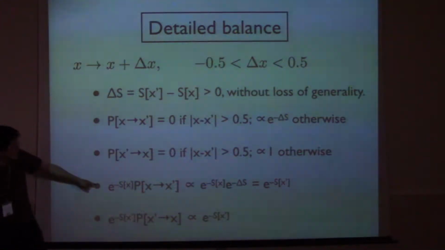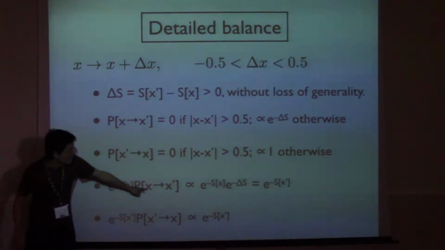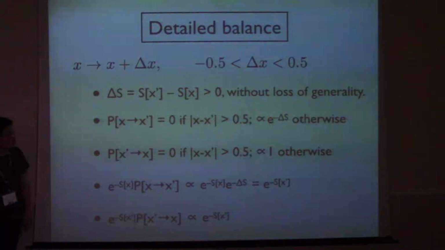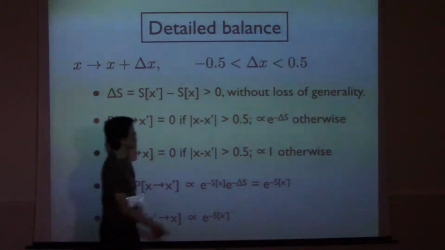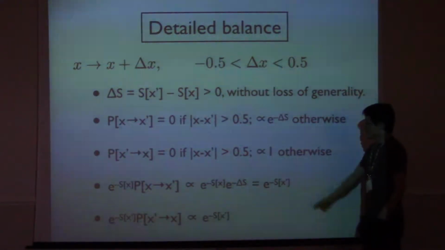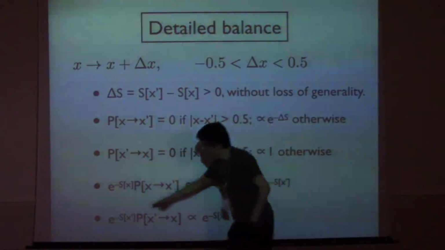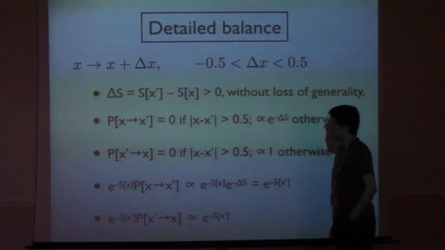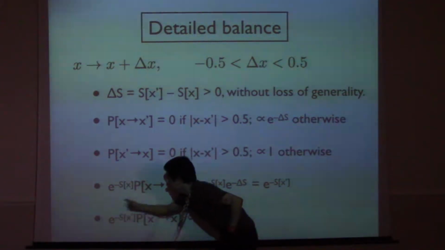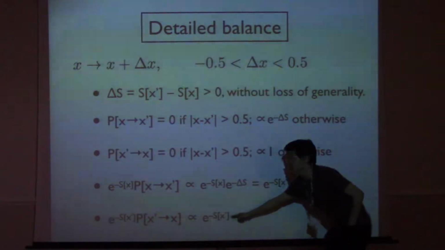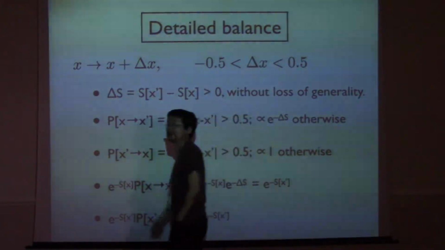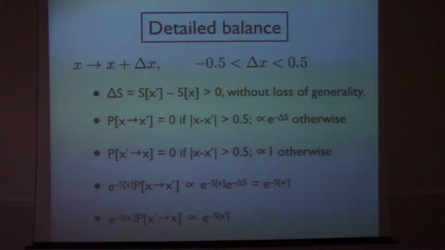And then exponential minus s of x times the transition probability to x prime is proportional to exponential minus s times this probability, which is exponential minus s x prime. And exponential minus s x prime times this transition probability is proportional to this times 1, which is exponential minus s x prime, and they are the same. So the detailed balance condition is almost trivially satisfied. And other conditions are also satisfied. You can check it: periodicity, reducibility, and the Markov chain.